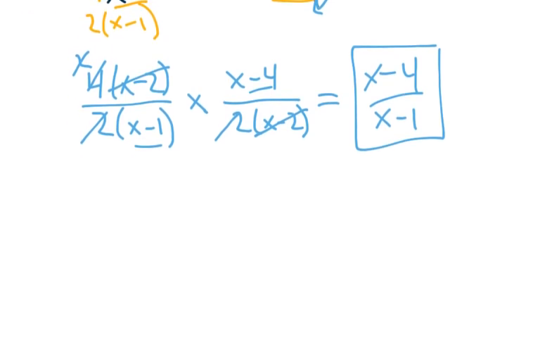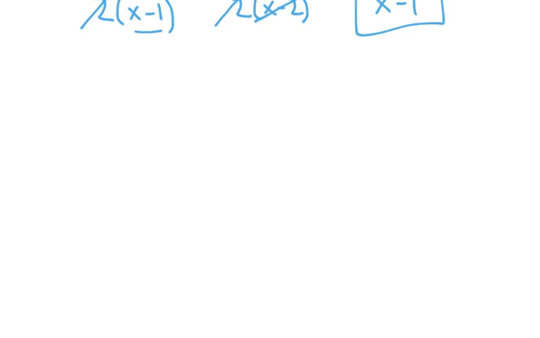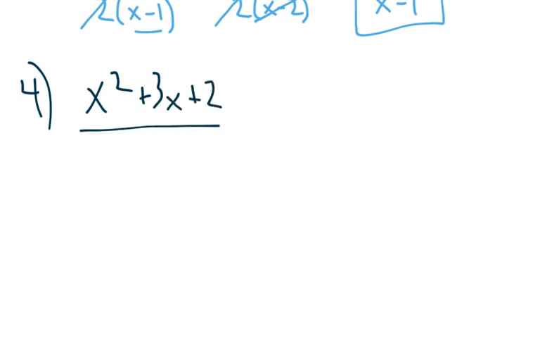One final example, just to show you again. So let's go with 4. All right, x squared plus 3x plus 2 over 12 divided by x plus 1 over x squared plus 4. All right, let's see here. So first thing I'm going to do is the flipping, or keep change flip.